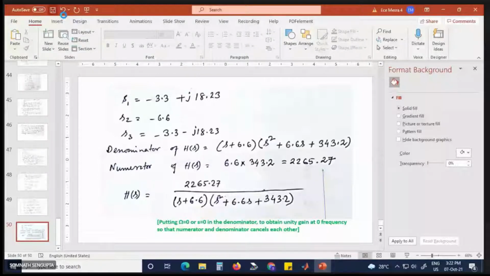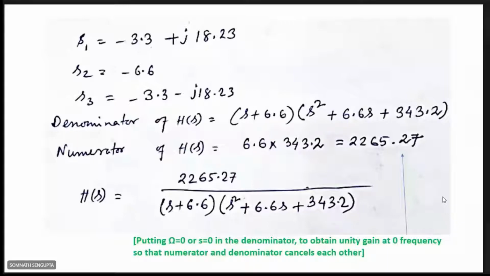So now these are long steps, but you have to remember some formulas to design these kinds of filters, Butterworth and Chebyshev. You have to design the denominator and numerator.